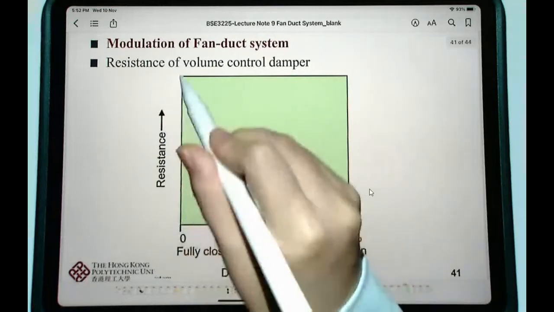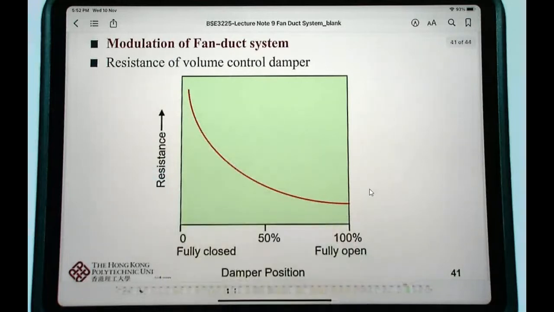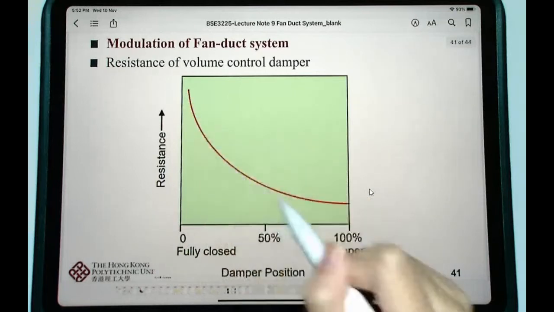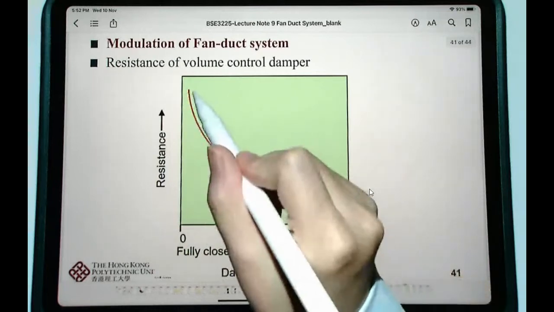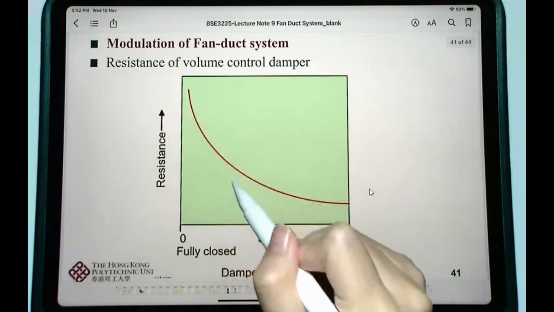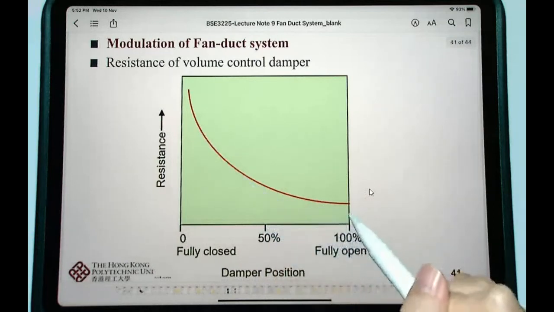The vertical axis of this chart is the resistance of the system. From fully closed to fully open, the resistance will first decrease rapidly, and then it will gradually decrease.